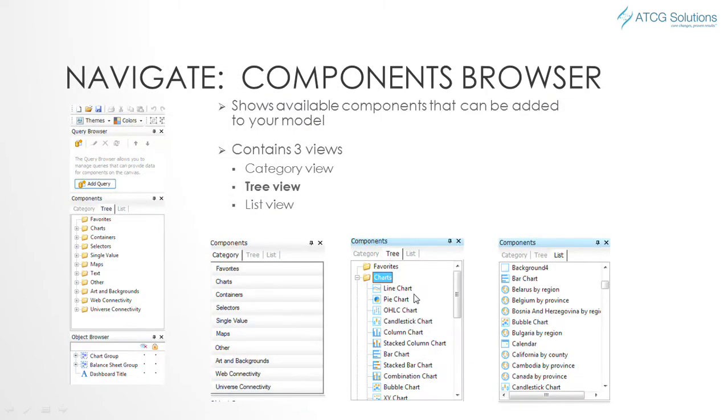Then the components browser shows available components that can be added to your module. We can display by category view, tree view, and list view. It's hard to say which one is best. It depends. For me, tree view is convenient and faster to find what I'm looking for.